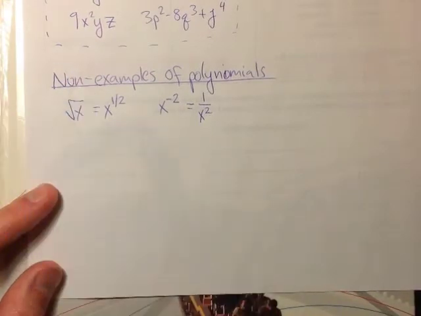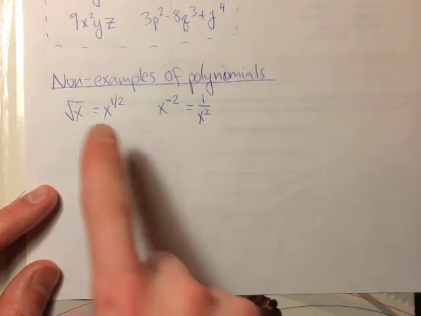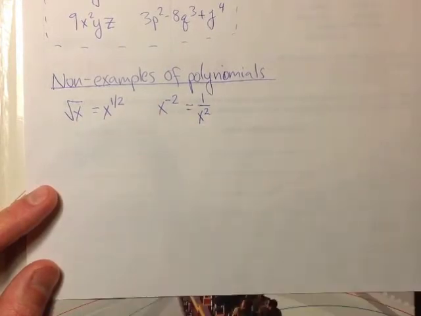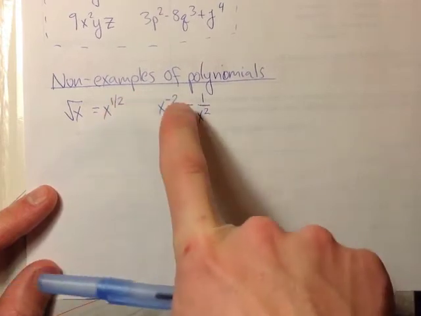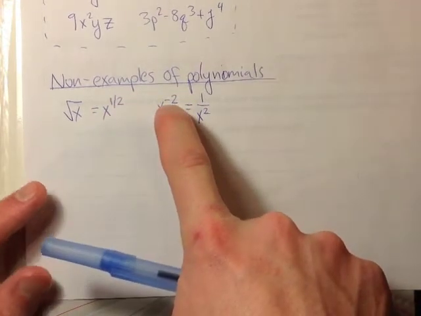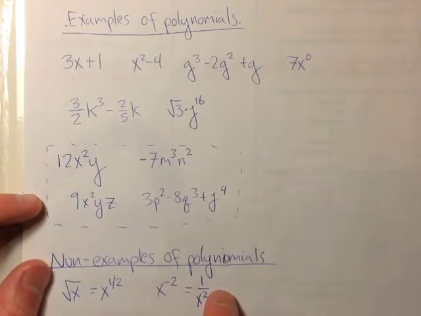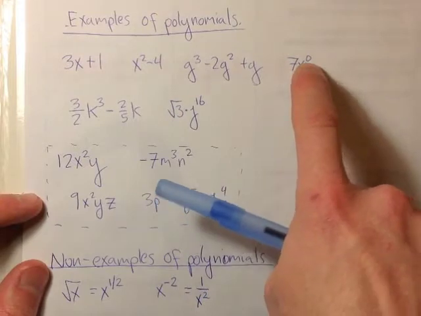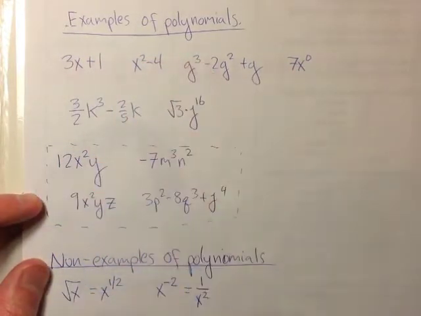Okay, so these are not examples of polynomials. Now, the reason that these are not polynomials is because it's a fractional exponent or a negative exponent. All of the exponents up here are whole numbers, either 0, 1, 2, 3, etc.